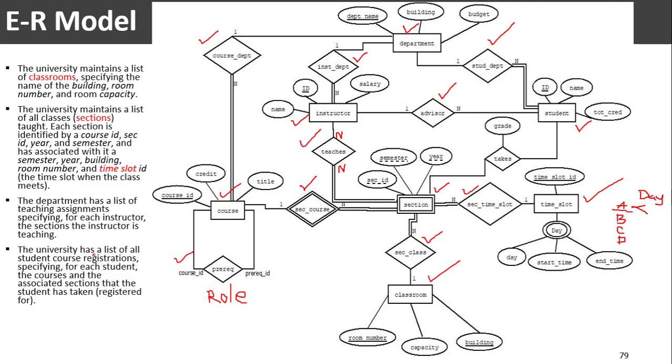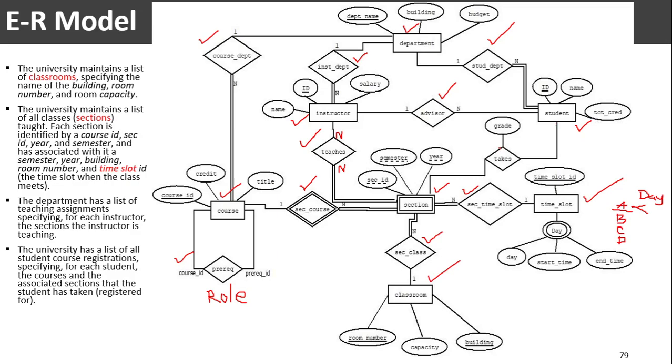Now the next statement that is provided is: the university has a list of all student course registrations, specifying for each student the courses and the associated sections that the student has taken. As I mentioned earlier, the students are registered for individual sections rather than the entire course.